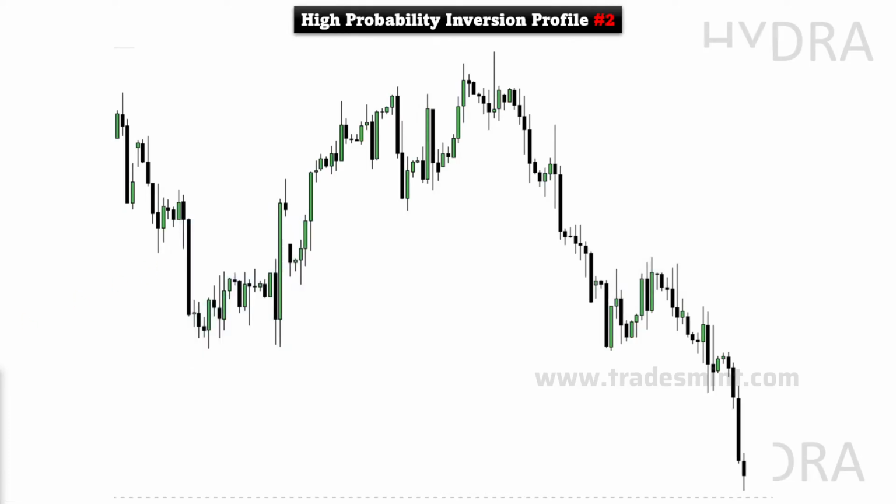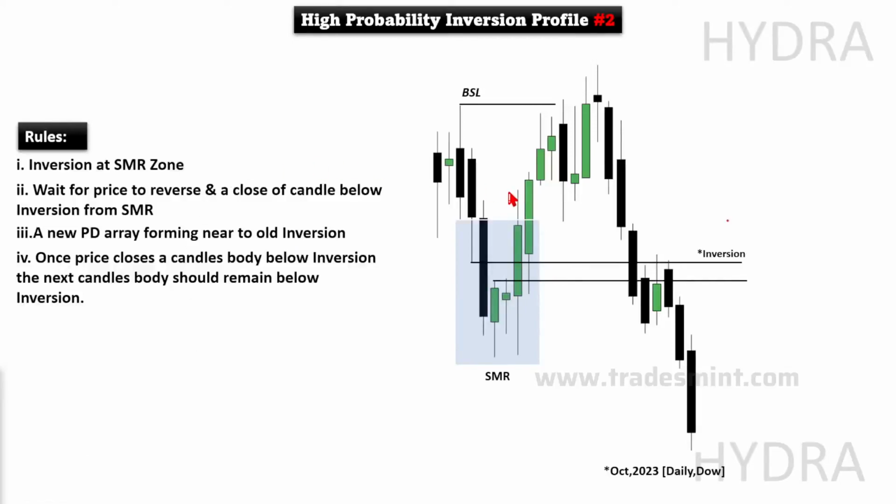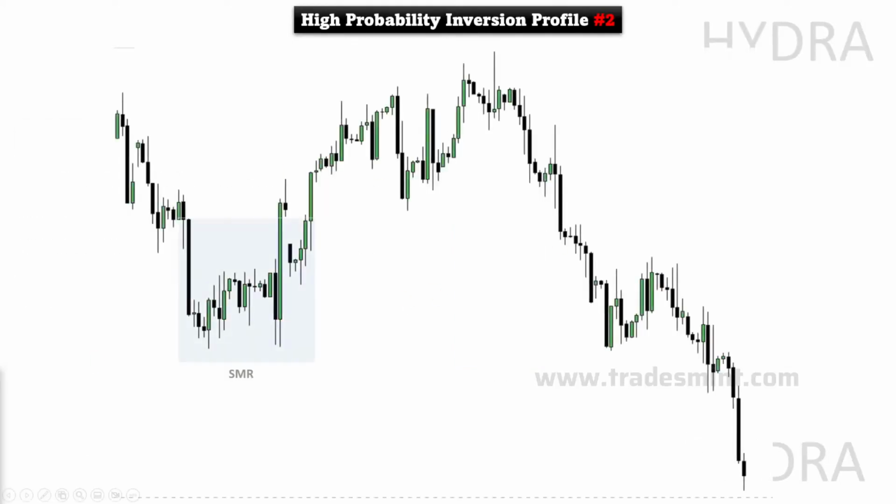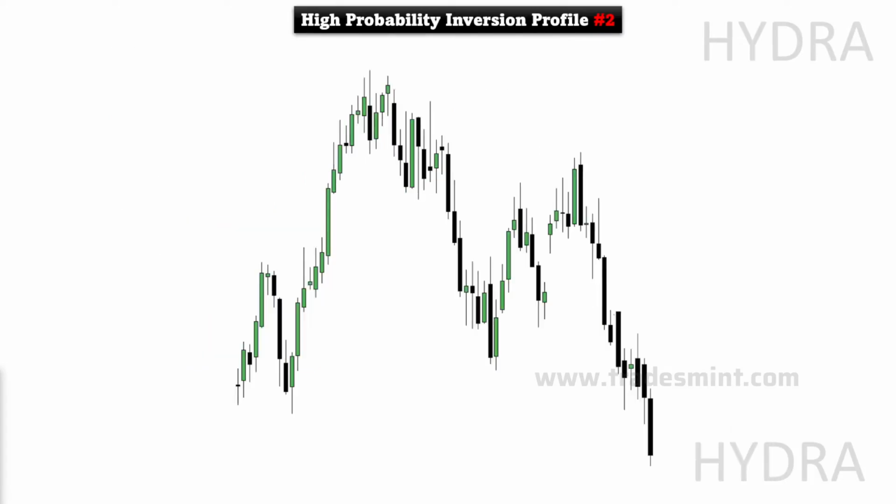And even in this example, there was no other fair value gap. But when price has a fair value gap in the new leg, we'll consider this one. We won't consider this one or anything else here. Now this is the new fair value gap.